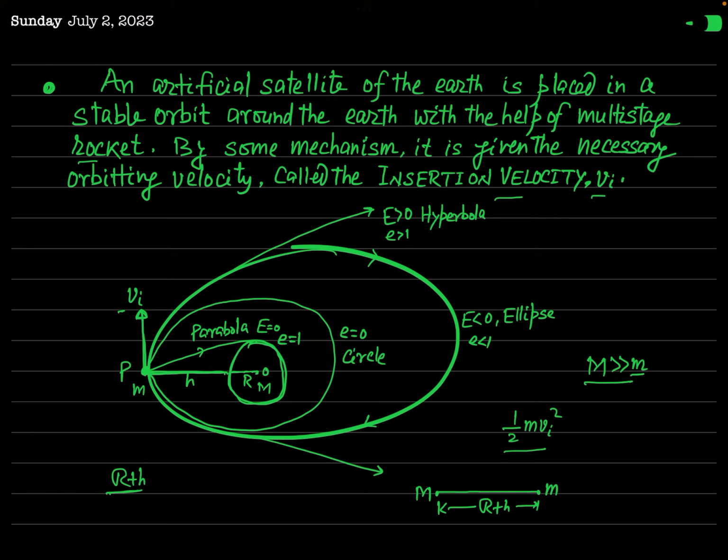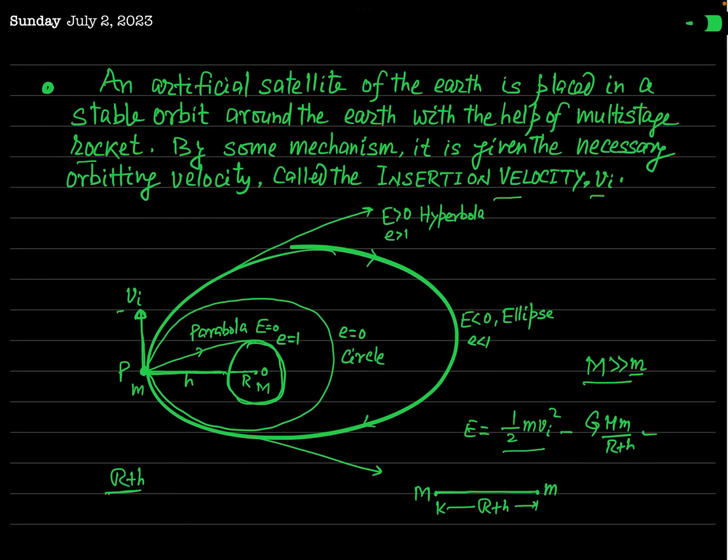So in this condition, the gravitational potential energy of this earth plus satellite system will be minus GMm divided by R plus h. This is a well-known formula. Here G is the universal gravitational constant, capital M is the mass of the earth and small m is the mass of the satellite.